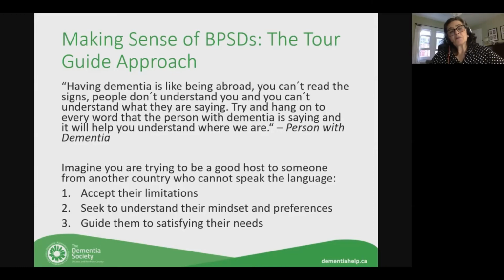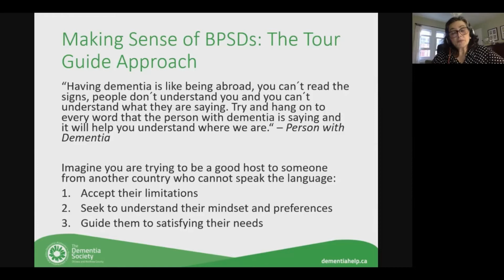So in the same way, if we regard the person with dementia as someone who is navigating through a strange land but is trying to accomplish something, then hanging on to words and knowing what they might be wanting to do, is there a way that we can use an understanding of their preferences and their mindset to help them get what they need and understand where they need to be?